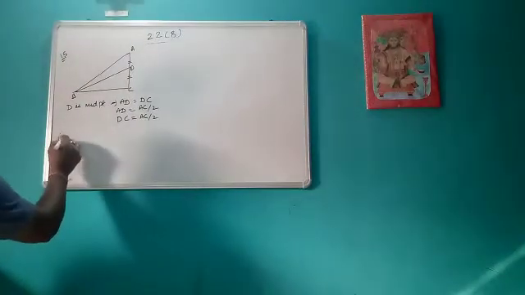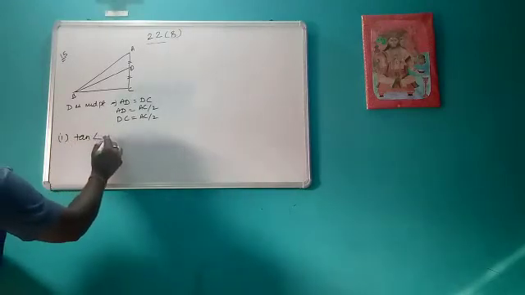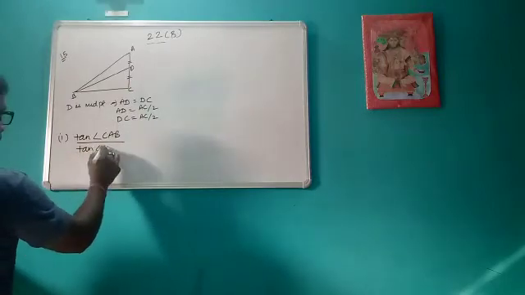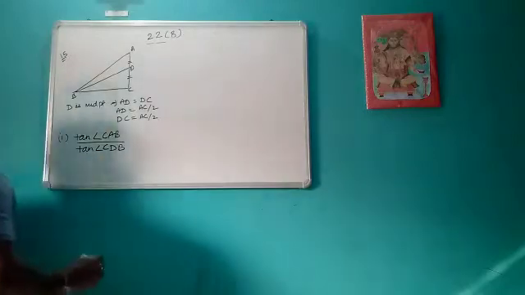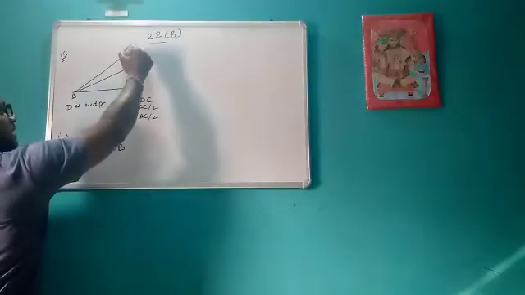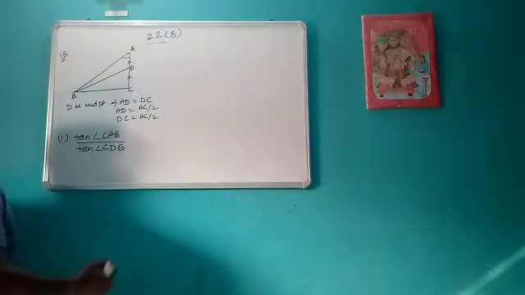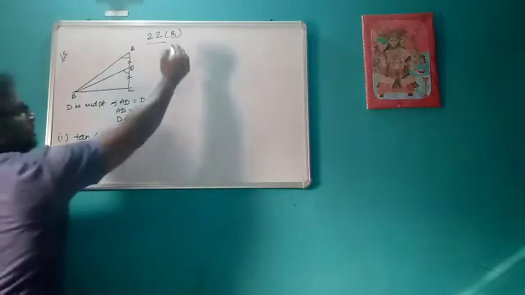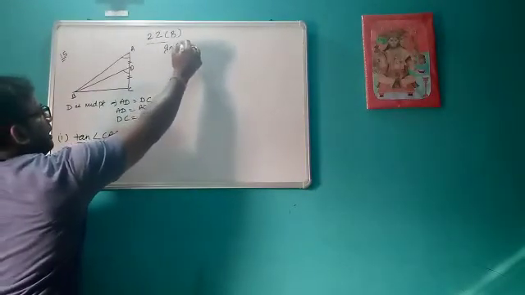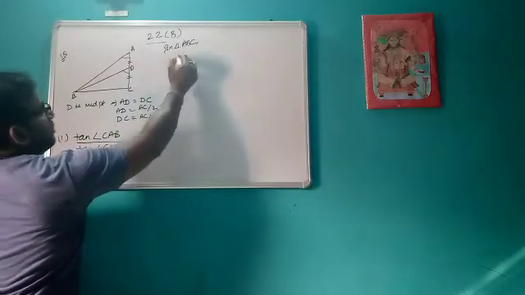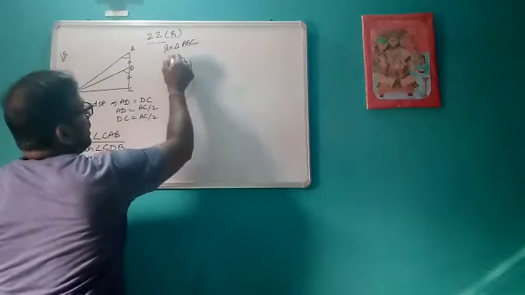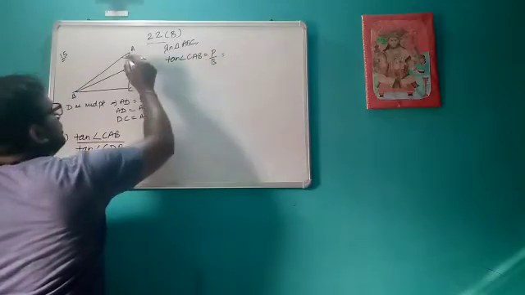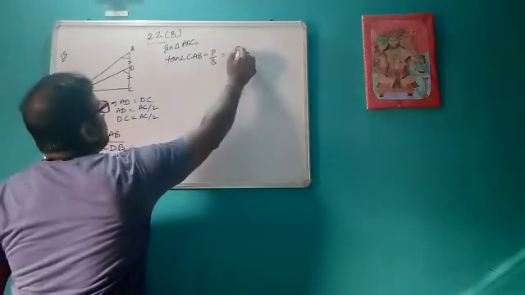So the first thing that is asked is tan angle CAB upon tan angle CDB. So this is tan angle CAB, and this is tan angle CDB. If you consider the bigger triangle ABC, tan angle CAB is P upon B, and for this CAB what is the perpendicular? BC.